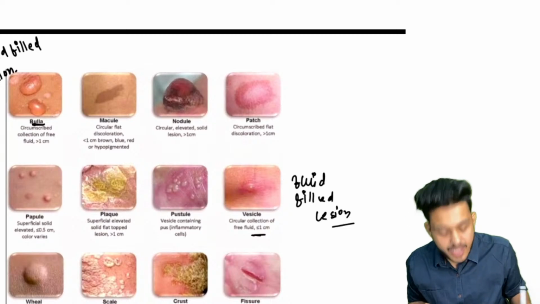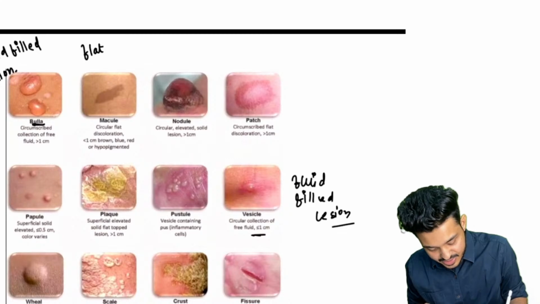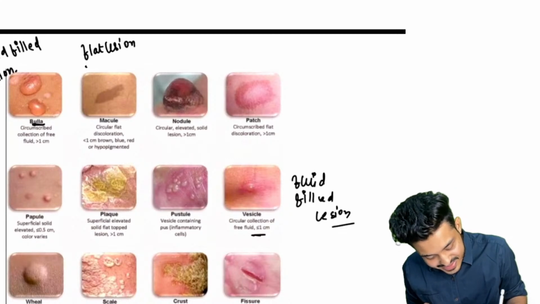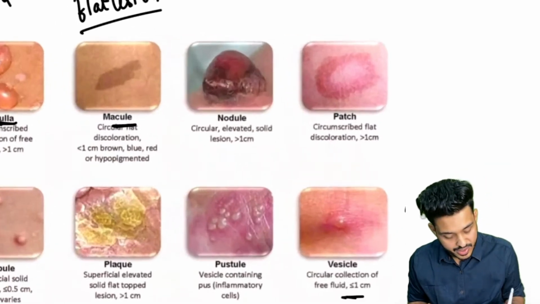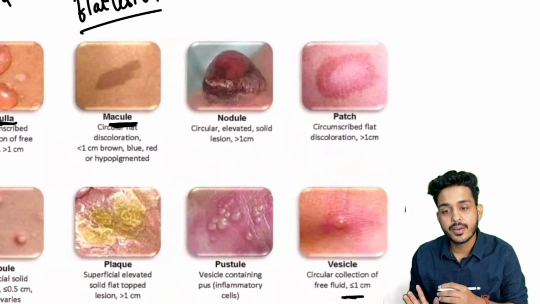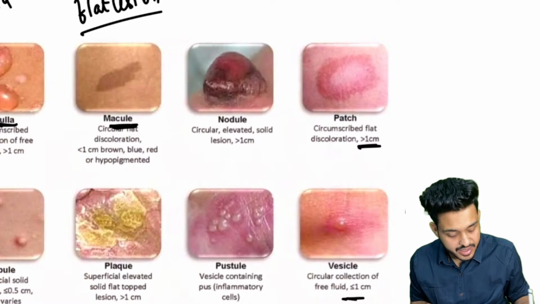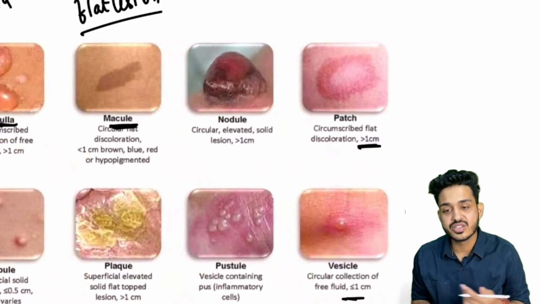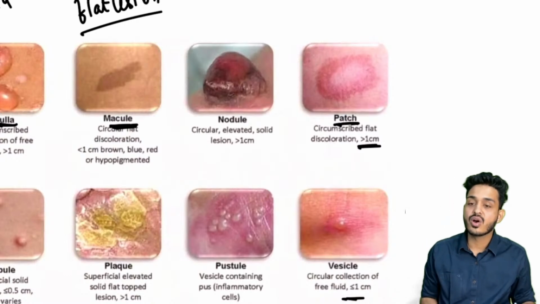Let's talk about the flat lesions. Flat lesions की बात करूँ, if it is a flat lesion less than 1 centimeter, we call it macule. This is a circular flat discoloration, we call it macule. अगर ये 1 सेंटीमीटर से बड़ा है, circumscribed flat lesion more than 1 centimeter, तो इसको क्या बोलते हैं?